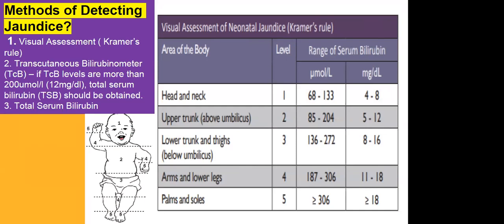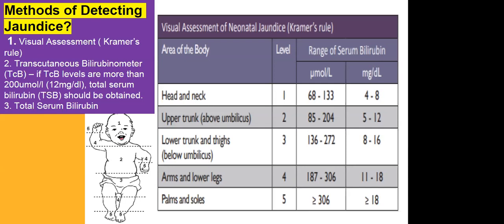Following the PRITS protocol, they mentioned the methods to detect jaundice. We know that the appearance and progression of jaundice usually occur in a cephalocaudal manner. They highlighted the method to detect jaundice, which is visual assessment called Kramer's rule.